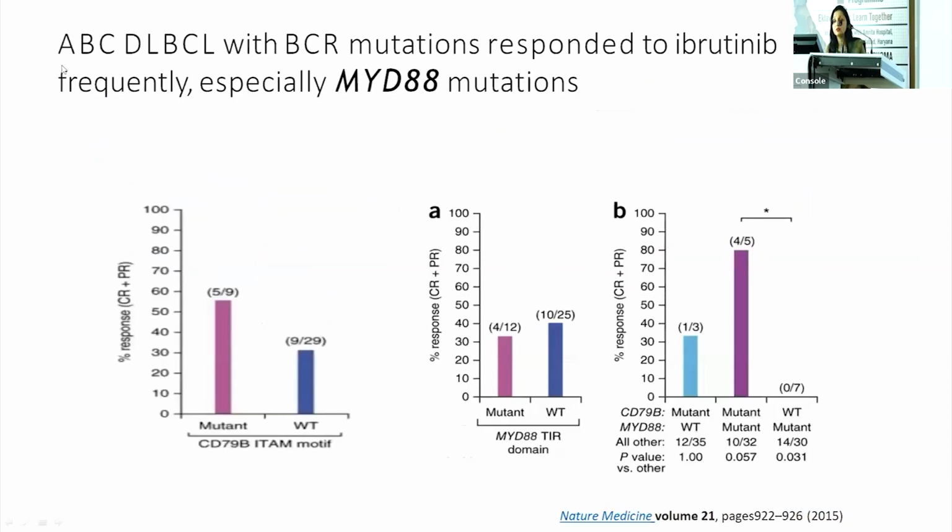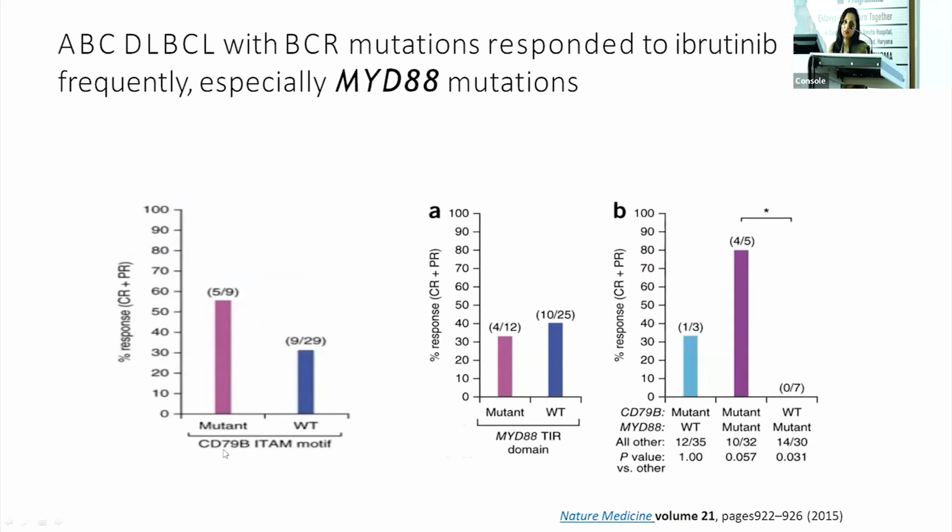And another thing, these ABC diffuse large B cell lymphomas with BCR mutations respond well to ibrutinib, especially if they have MYD88 mutations. This is a study which compared mutant CD79B patients with response to ibrutinib versus the wild type.